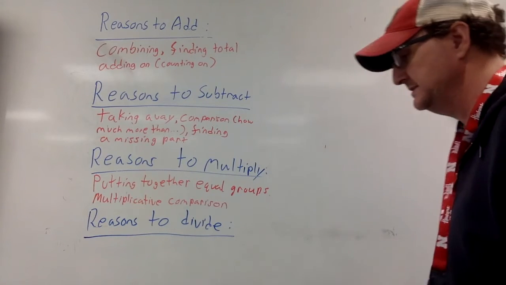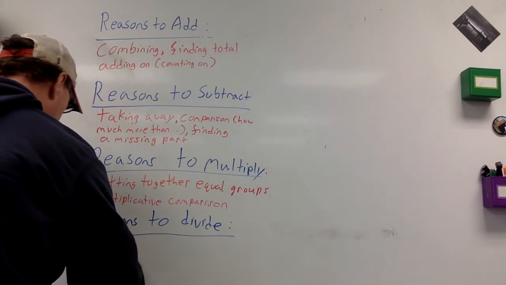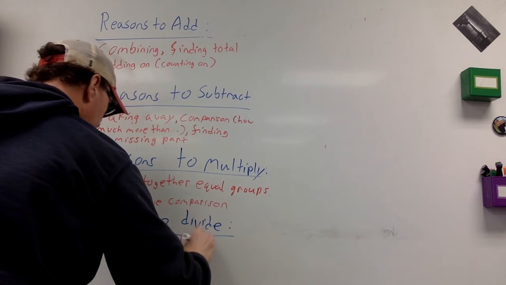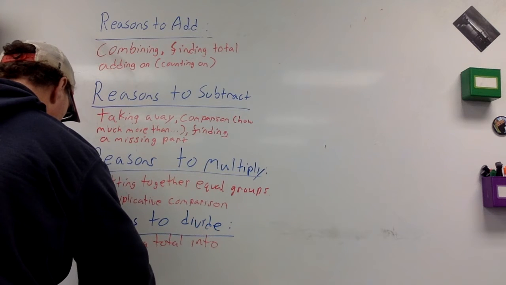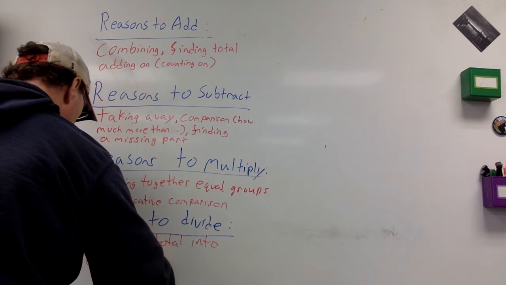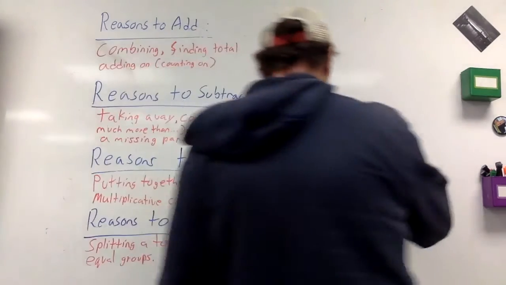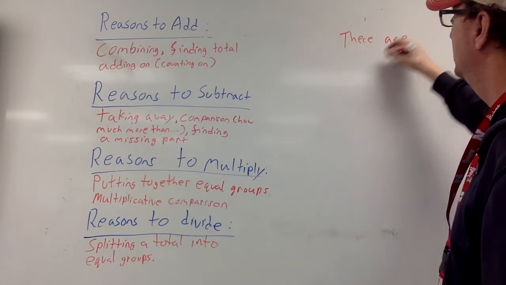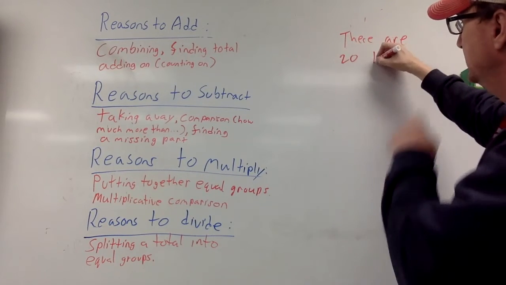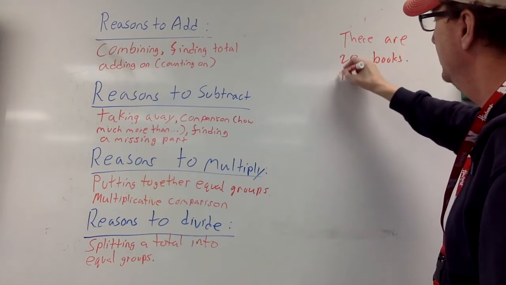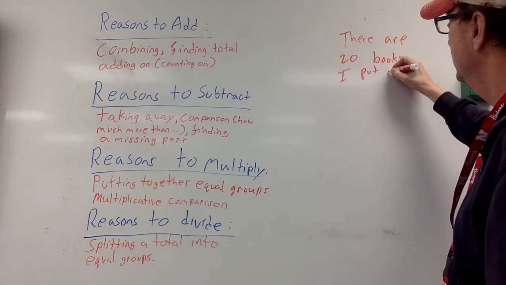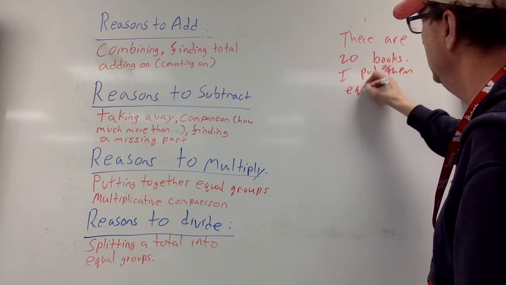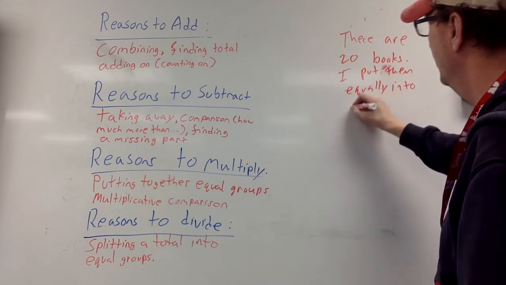Then division. Division, of course, is splitting a total into equal groups. That's one reason. So like we say, there are 20 books. I put them equally into 4 boxes.